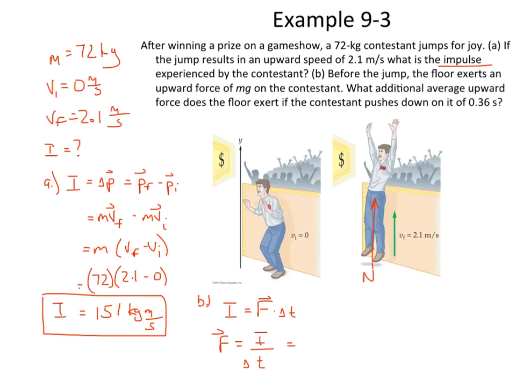Now in part B, the change in time is 0.36 seconds. So about a third of a second that he's in contact with the floor, applying that force. Over that amount of time, he has to apply a certain force to the floor. You might say the floor has to support him with that force so he can jump upwards.